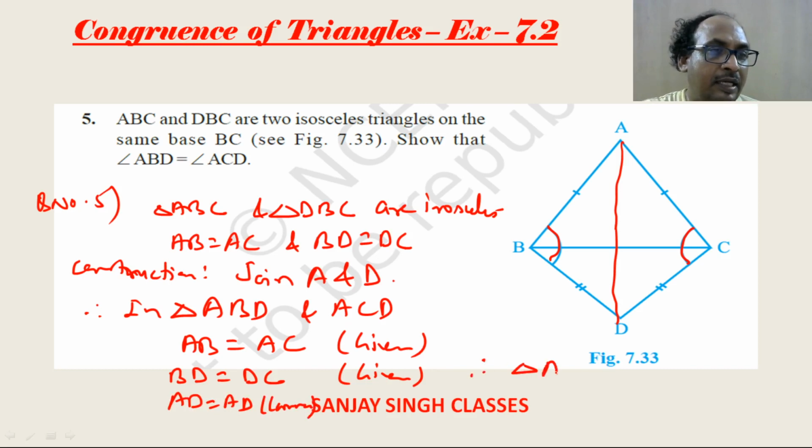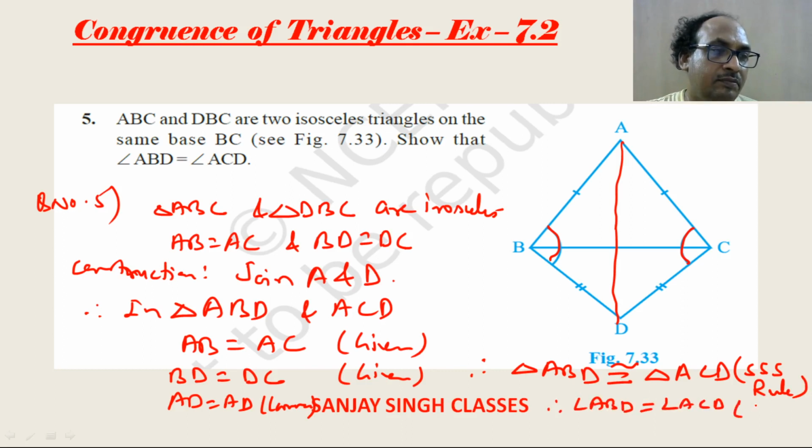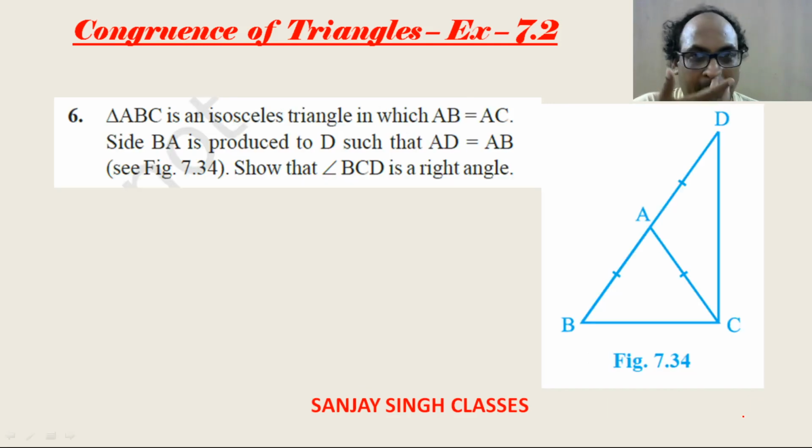Therefore, triangle ABD is congruent to triangle ACD. Which rule? SSS rule. Therefore, angle ABD is equal to angle ACD, by corresponding parts of congruent triangles.